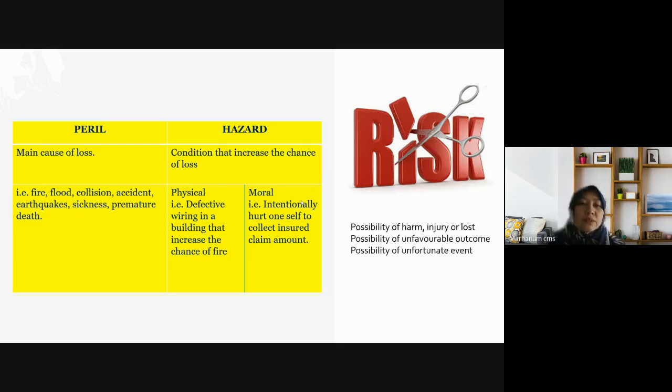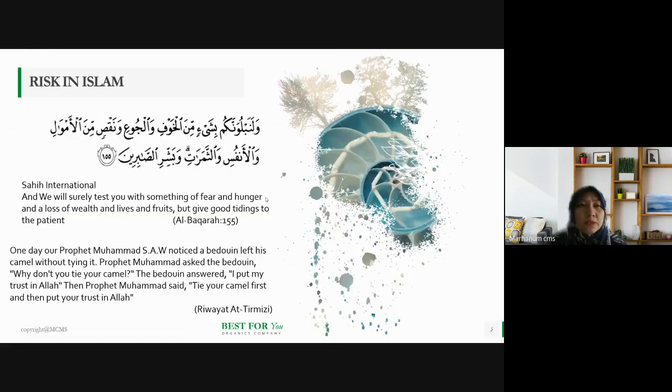Physical hazard is easy to detect, but moral hazard needs further investigation. So these are the types of risk, and the conditions that bring the chance of loss. It is a risk, but it depends on the condition.